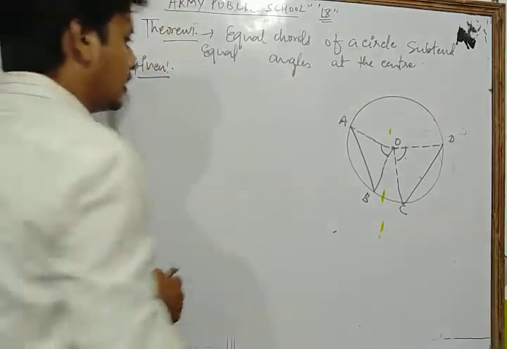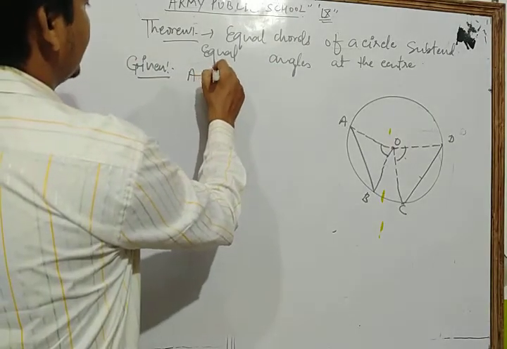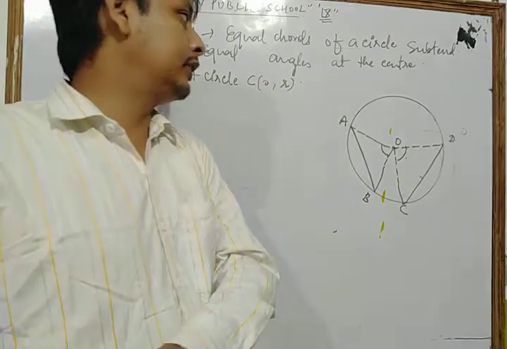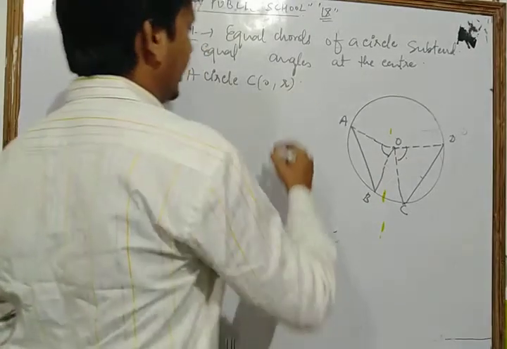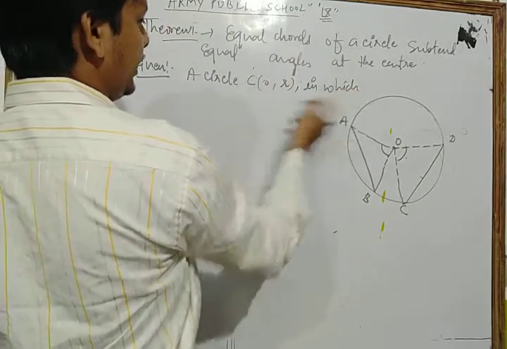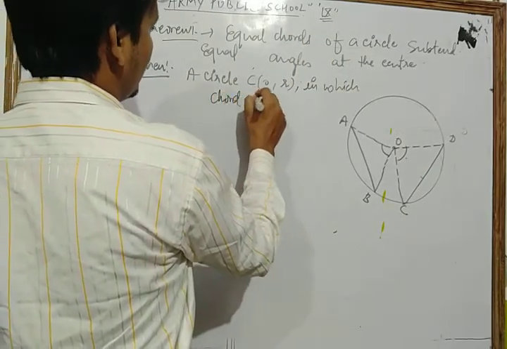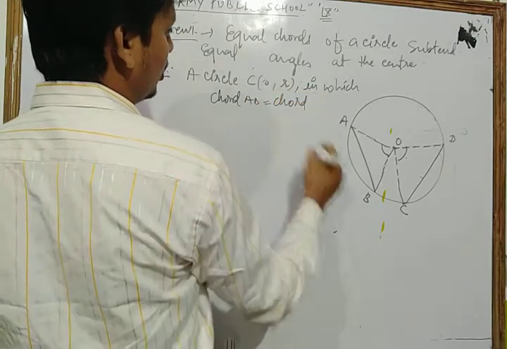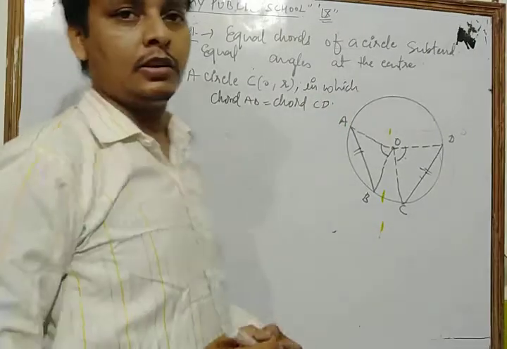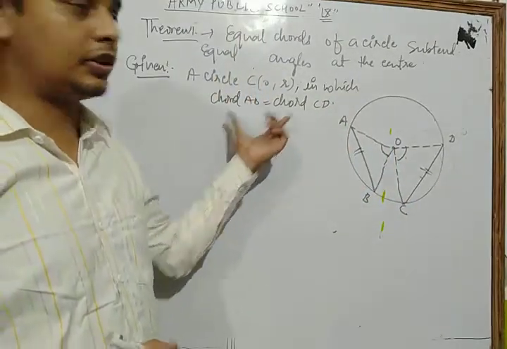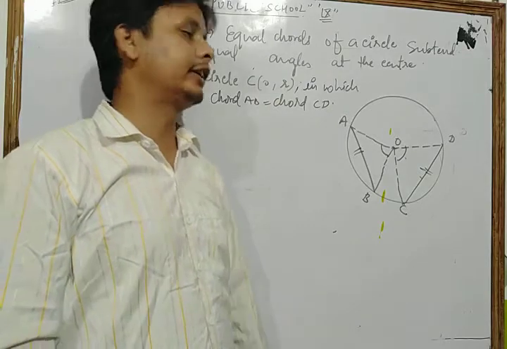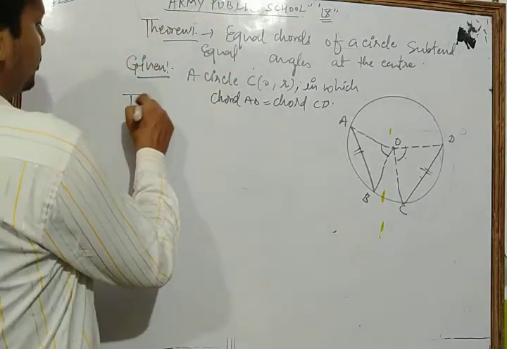So first, in Given we write: a circle C with center O and radius R, in which chord AB is equal to chord CD. This is given in the theorem, equal chords of a circle subtend equal angles at the center, and then we write what we have to prove.